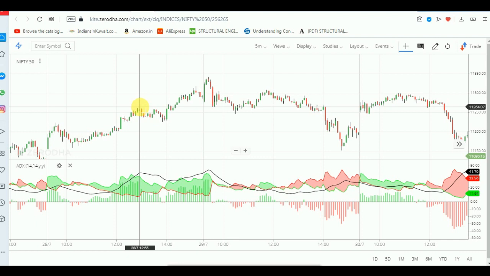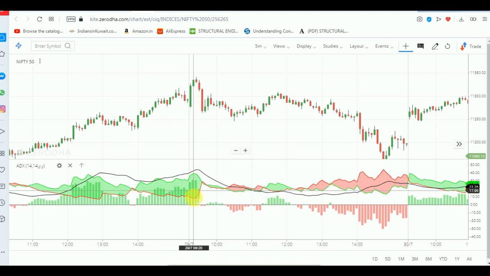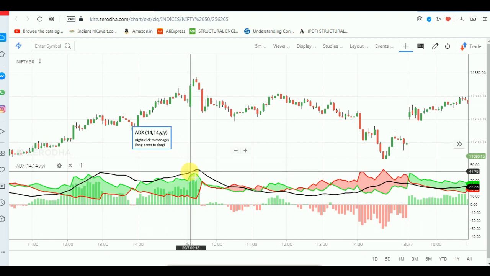Even here also you can see many false signals. So this is clearly showing the green shade, and this is about the 20 level. You can see it is 40, it is drastically moving upwards.